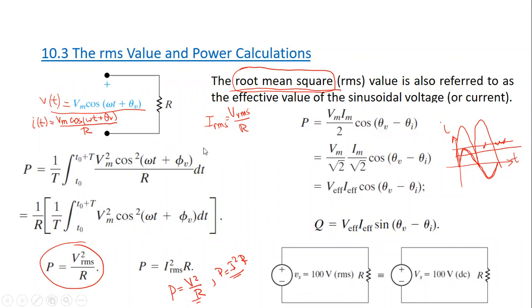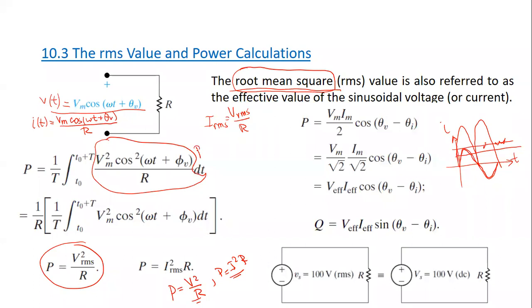So I'm calculating here the average power. Let's multiply these two expressions with each other. So V maximum square, cosine times cosine, it will be cosine square, and here over R. And I'm integrating this expression, which is P of t.